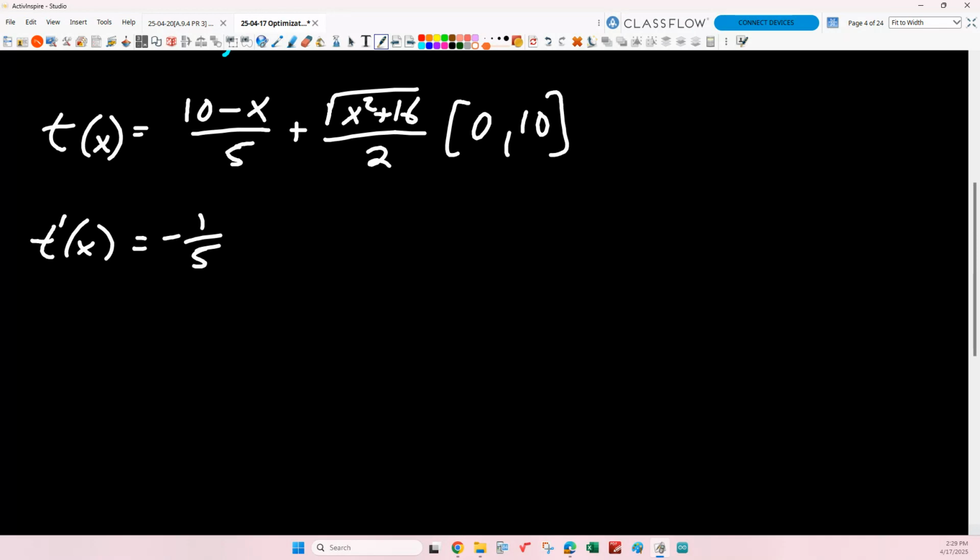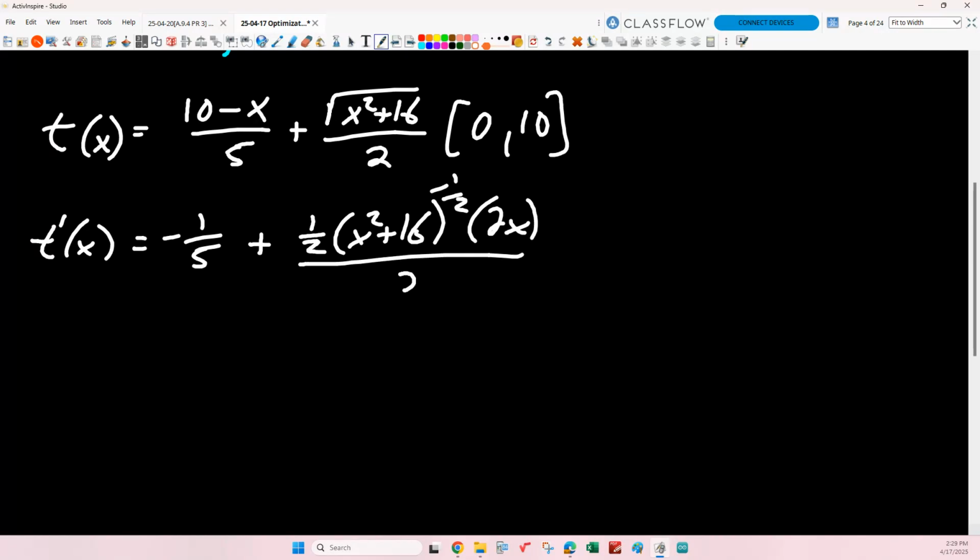How about the other one? 1/2 times the 16, and then 1/2, all divided by 2.